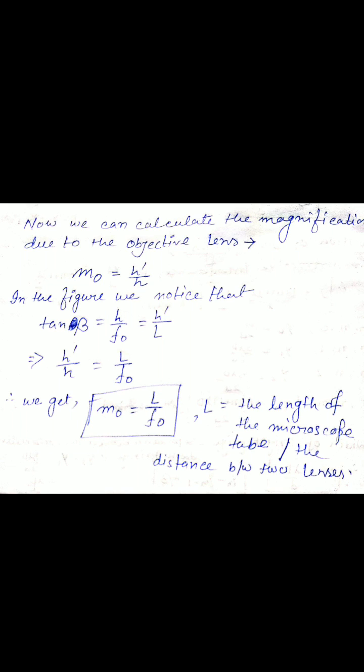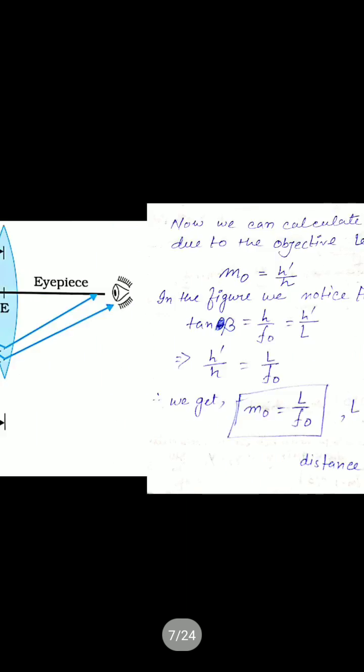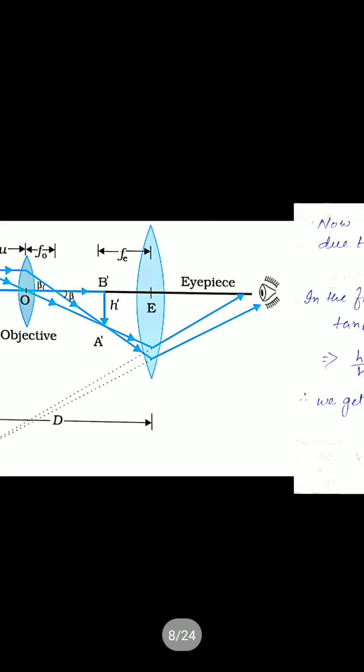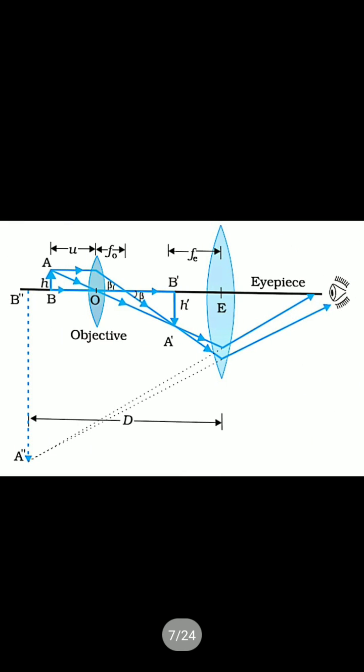First, the magnification due to the objective lens, m0, equals the height of the image by the height of the object, h dash by h. In this figure, we notice that tan beta equals h by f0, which equals h dash by l, where l is the length of the microscope tube, or the distance between the two lenses.